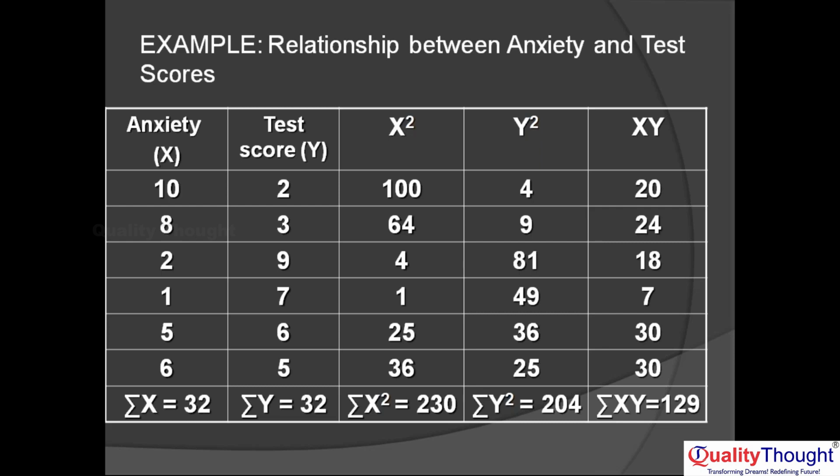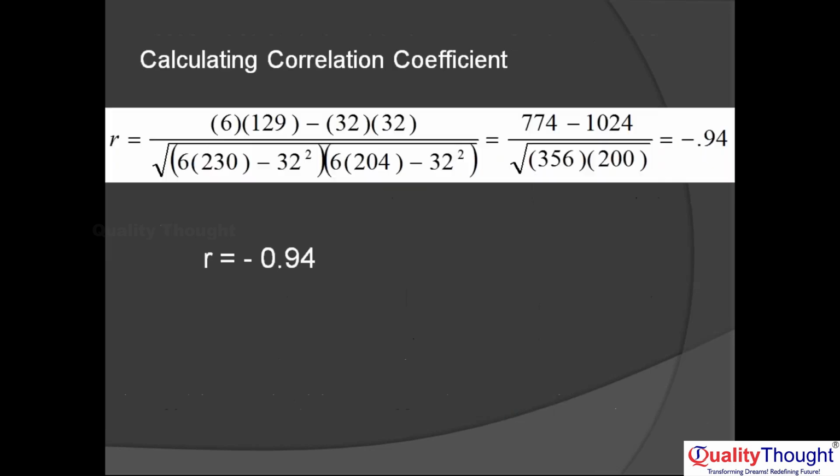So let us ignore that. But if we go ahead with the formula, this is an indirect correlation. There is still a relation: minus 0.94. Is this good or bad? Yes, it is also good actually.